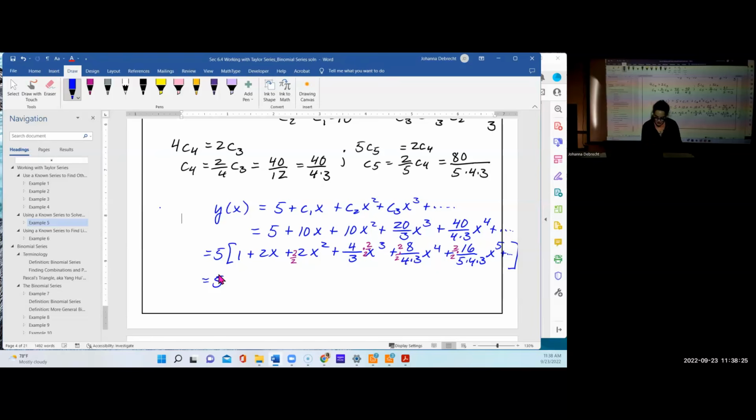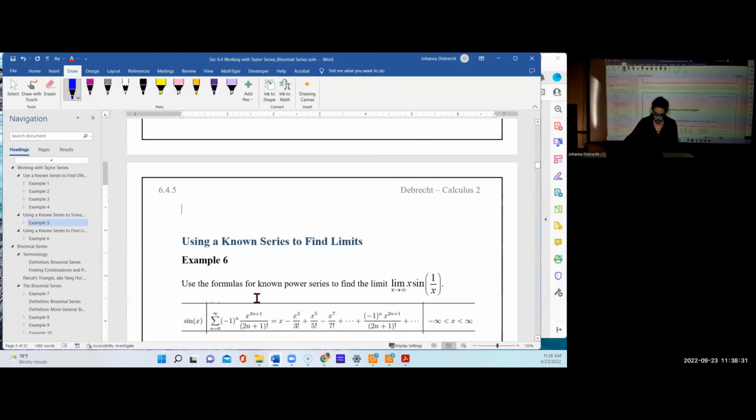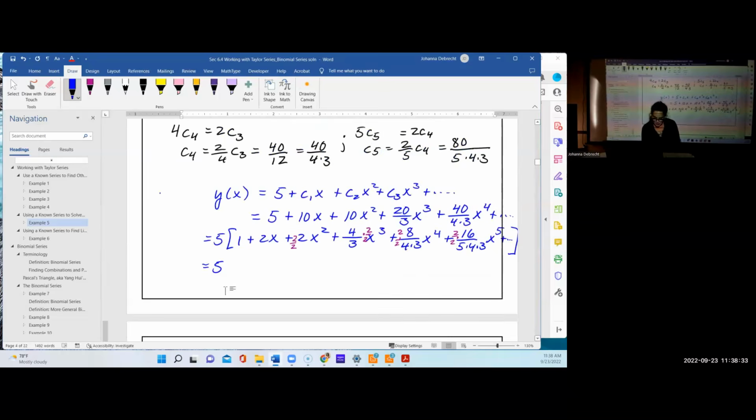All right, so let's go ahead and write down what we've got now. We've got 5 times, and I may need another line down here below this. I'm not sure how much extra space I've got, and I know I'm going to need some more. So I've got 1 plus 2x. I'm not sure about those first terms yet. Are they going to fit the pattern or not? I'm trying to fit it back here, and then I'll work backwards to see if I can make it fit the first couple.